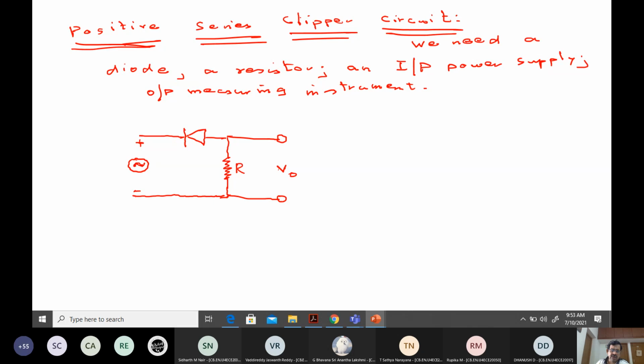The output is, my input signal is like this.